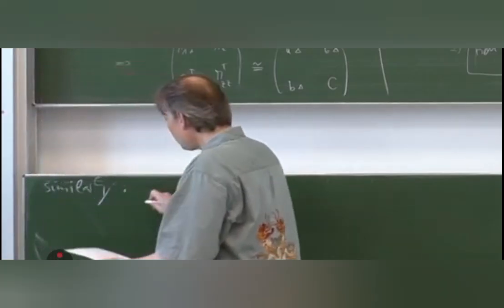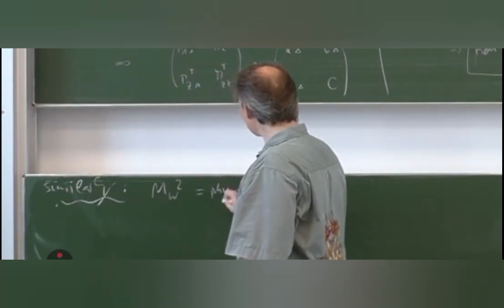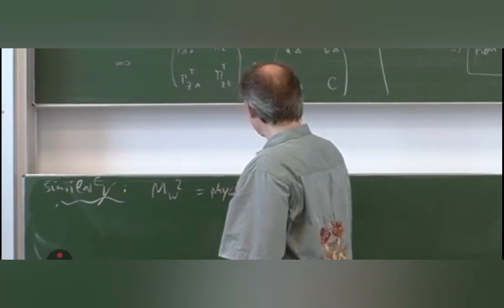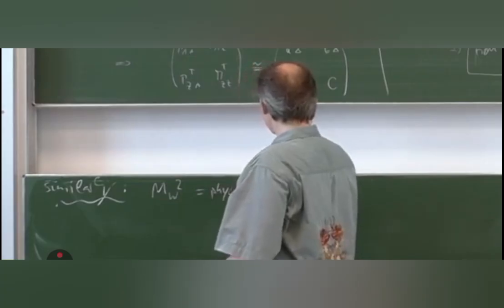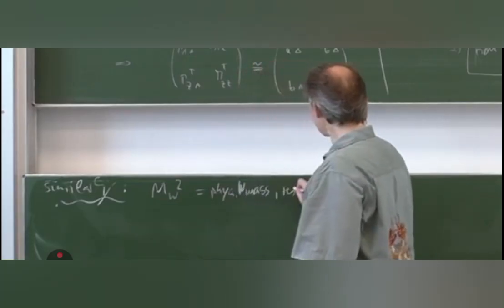So similarly, the on-shell scheme guarantees that the W mass is the physical W boson mass. The residue of the W propagator is 1. And the same is also true for the fermions.